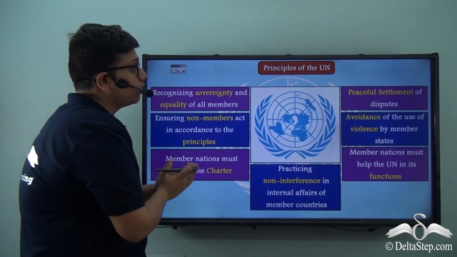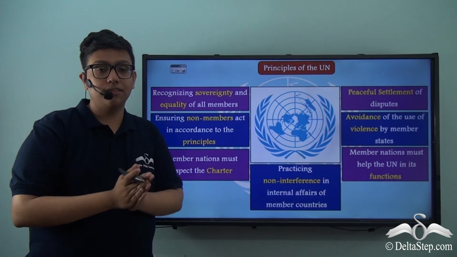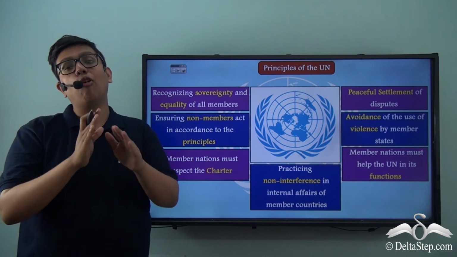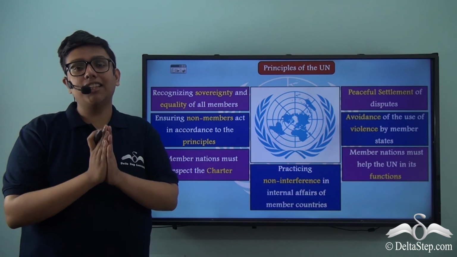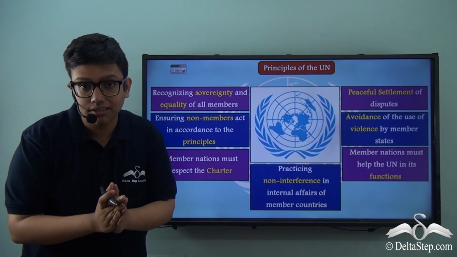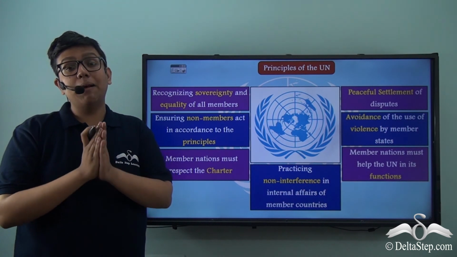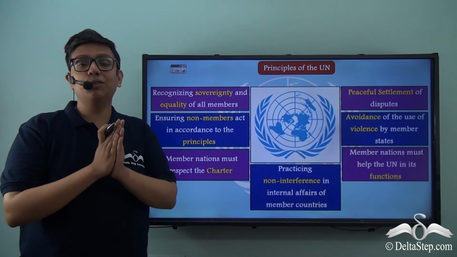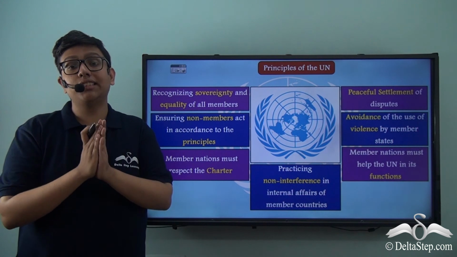Finally, the United Nations is an international organization, but it is not a form of government of all the nations. It is not a global governance organization, and therefore, even though the member states are following the principles of the UN, they have their own sovereignty and their own domestic affairs.